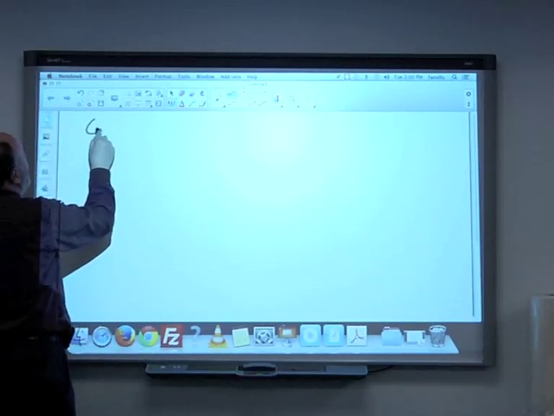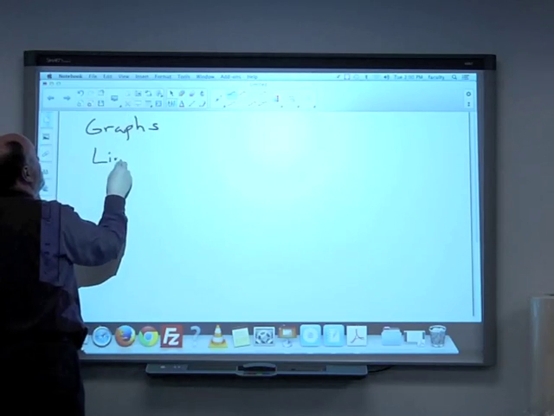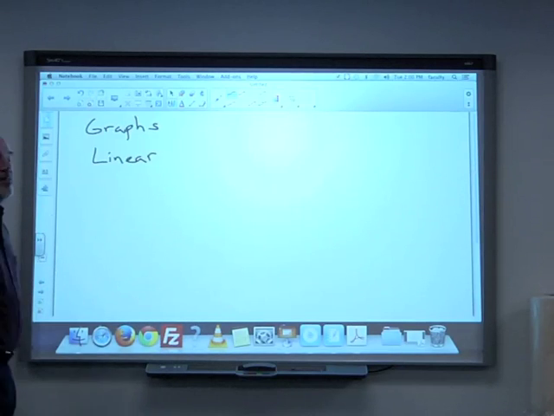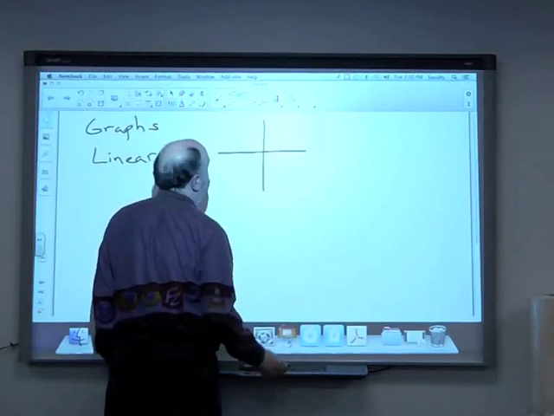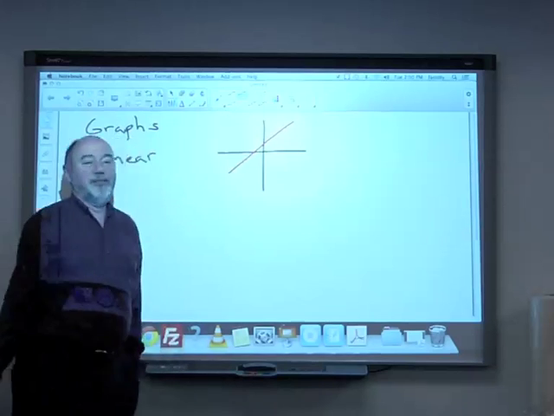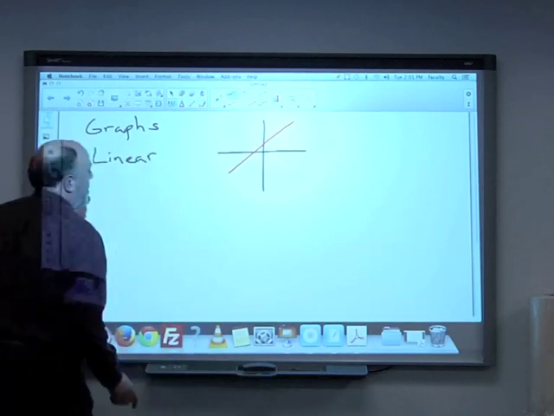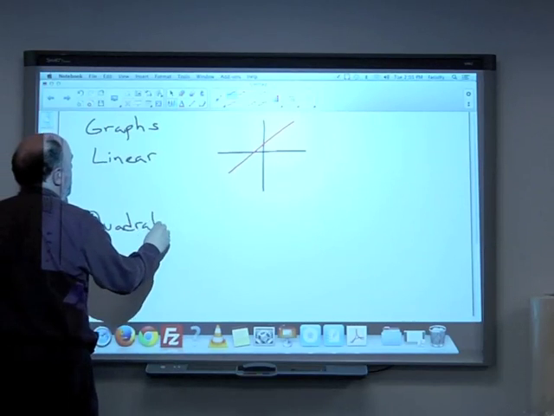Now, in terms of graphs, if something was linear, which is basically what we did last week, a linear graph will look something like that, with some variation on that. How about a quadratic graph?